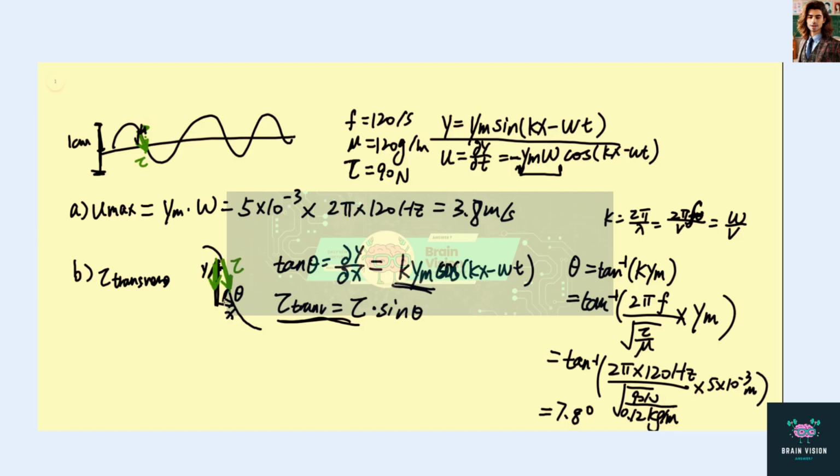And the larger the theta is, the larger the transverse component of the tension is. So the largest transverse component of tension happens when theta equals 7.8, and that is 90 Newton times sine 7.83 degree, and it is 12 Newton.